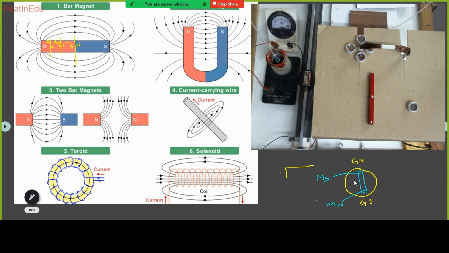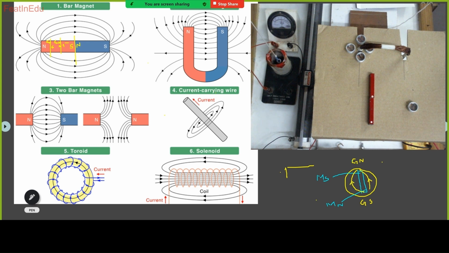So that is why if you keep some magnet here, see now the magnetic lines of force will be like this. Understood? See the magnetic lines of force are like this. Magnetic south will be like this. Magnetic lines of force will be like this.